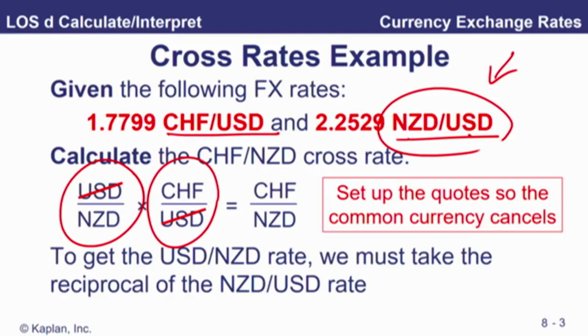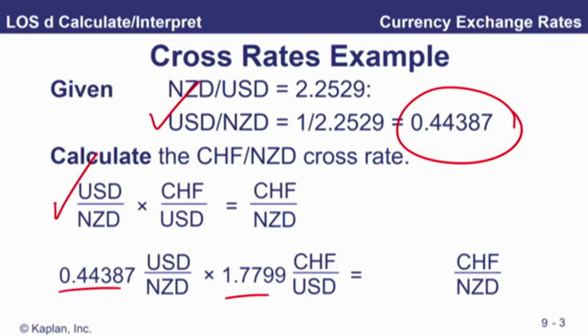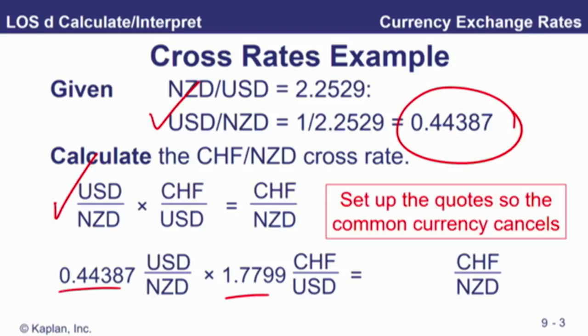Do we know how to switch that round? Take the reciprocal. So the math gets fairly straightforward. We know New Zealand to USD is 2.2529. Just take the reciprocal and you're in business. Now we have the right rate. Multiply that by Swiss to US, these two together, and we've got ourselves the Swiss franc to New Zealand rate.